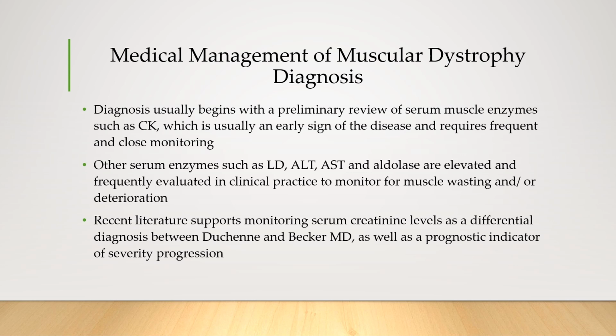Other serum enzymes such as LD, AST, and aldolase are elevated and frequently evaluated in clinical practice to monitor for muscle wasting and or deterioration. Recent literature will support monitoring serum creatinine levels as a differential diagnosis between Duchenne and Becker MD, as well as a prognostic indicator of severity progression.